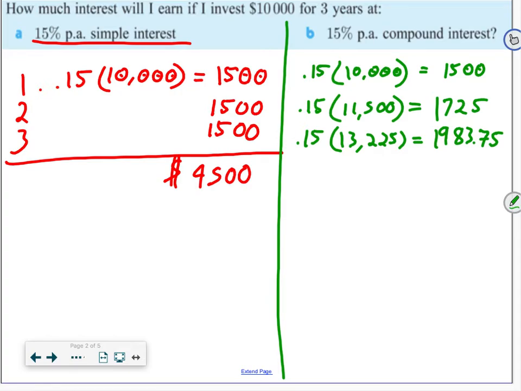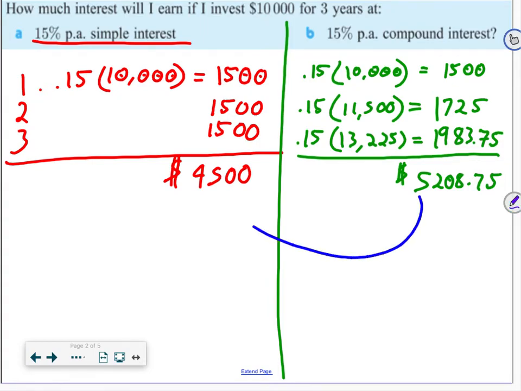Our total interest over the 3 years is those three numbers added together. I get $5,208.75. So we can see it's significantly more compared to the 4,500 that we made with simple interest.